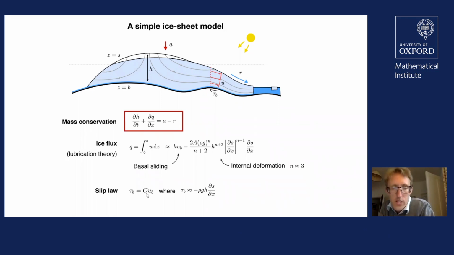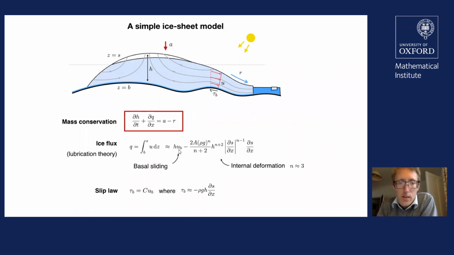And so the coefficient C there is sometimes called a slipperiness. It could be related to the inverse of a slip length, if you think in terms of slip lengths. But this basically parameterizes something which is going on a much smaller scale. And if I have time at the end of the talk, I'll talk a bit about that.